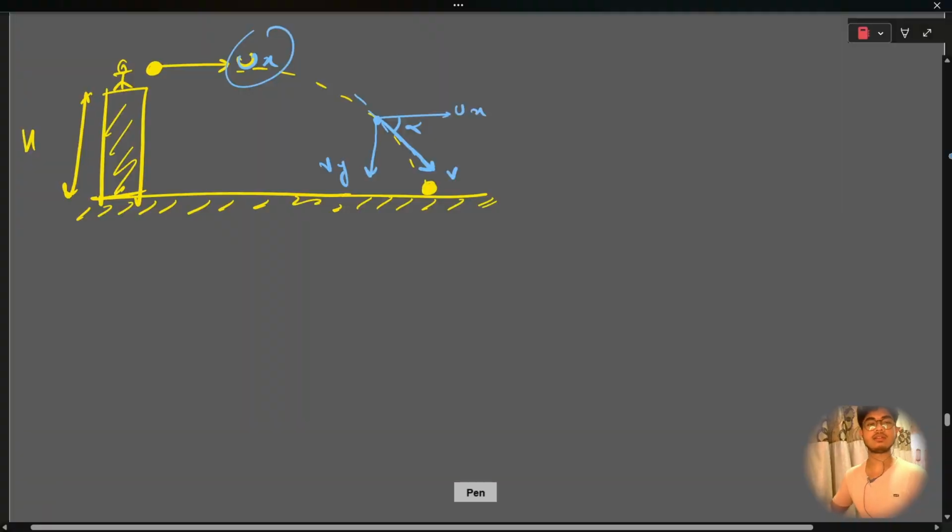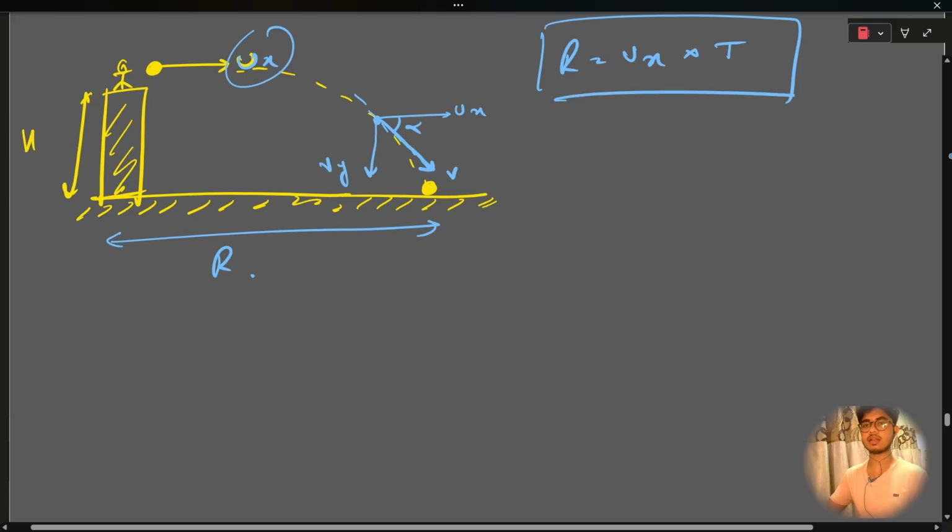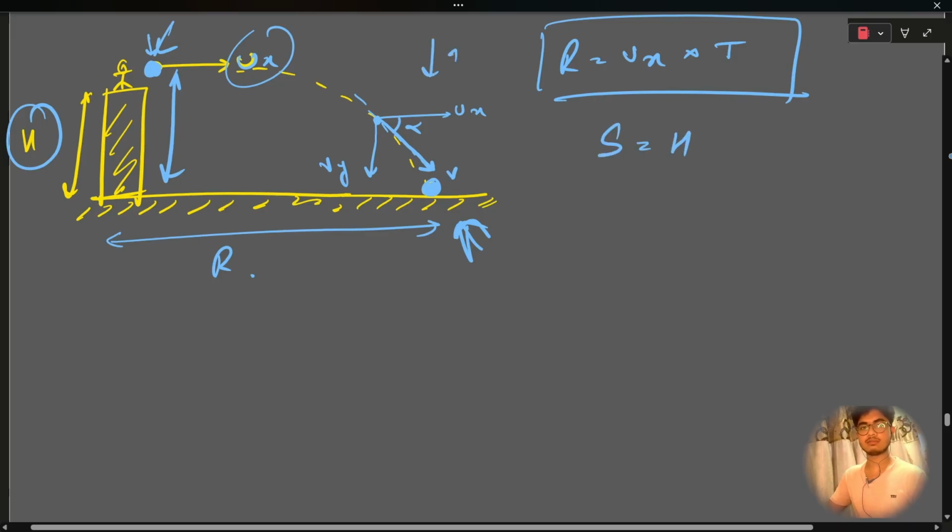For the same projectile, we can also find the range. So what is the range? Range was basically Ux into time of flight. What is time of flight? The time taken to go from this point to this point. So we can put in the equation of motion. Suppose this is the displacement from this point to this point; the displacement is basically h, the height of the tower. So s equal to h, and we're taking the downward side as positive, so that the displacement becomes positive.